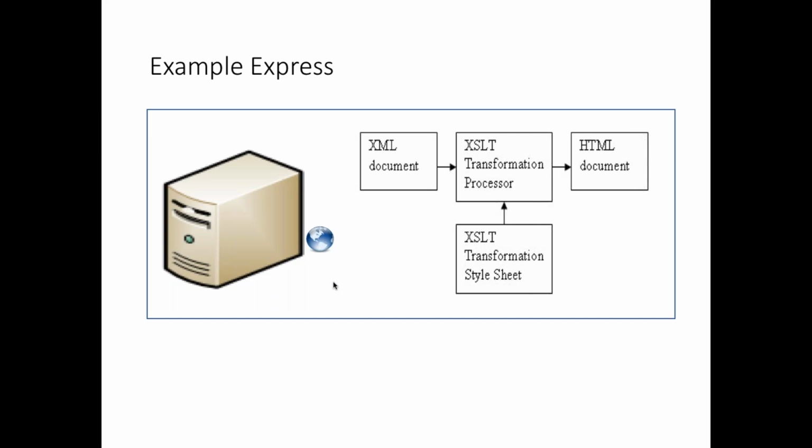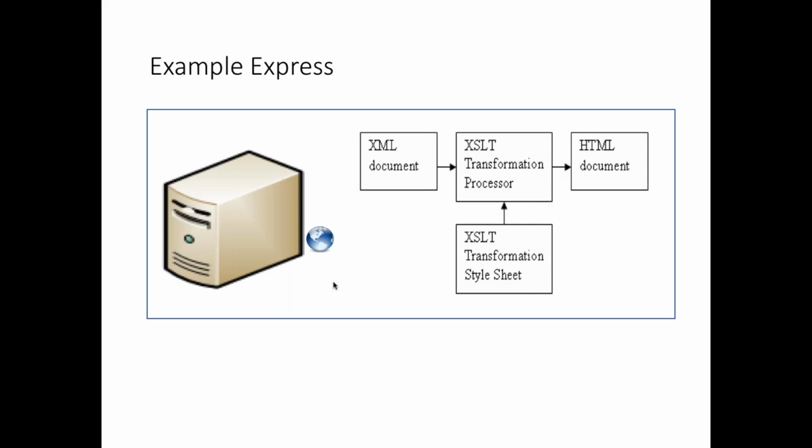Now we'll see the role of example express, and we'll understand that. Here we can see that we have an XML document. This XML document is given by the system. Example server gives the final result in the form of XML, but XML is not much human readable. It doesn't look good. You can read it, but it doesn't look that convincing.